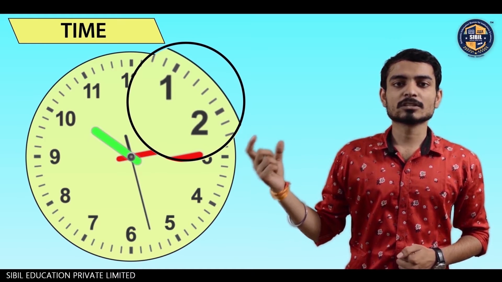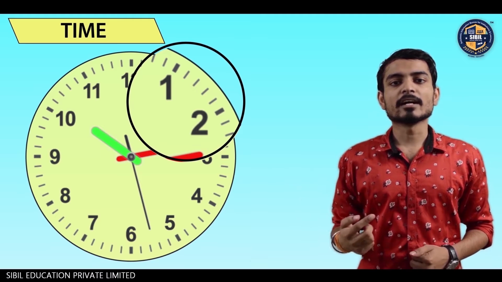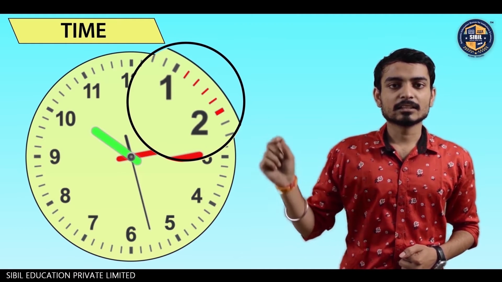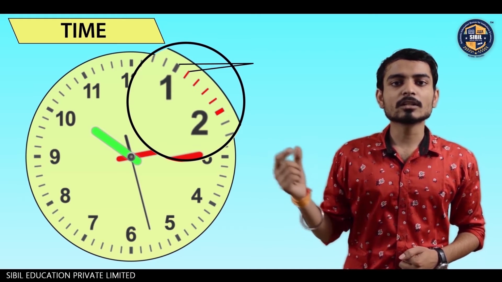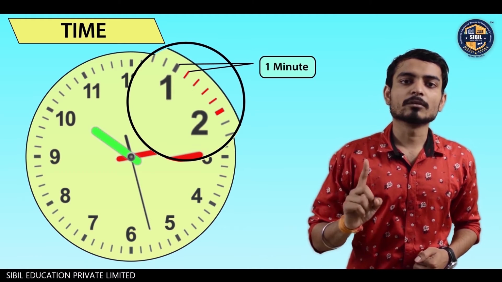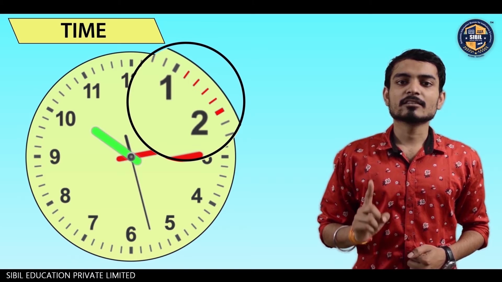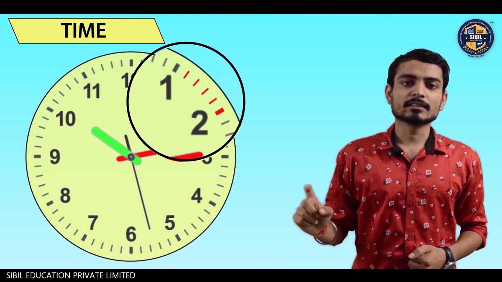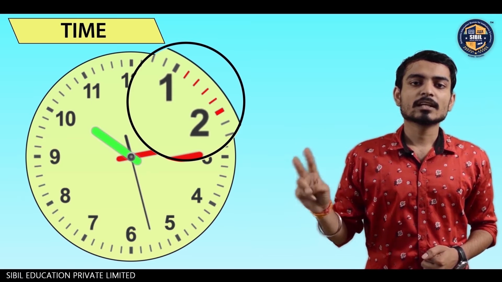There is some space between those numbers and that space is also divided into 5 equal parts, and the difference between the smaller parts is 1 minute. That's why we can say the difference between each point like 1 and 2 is 5 minutes.